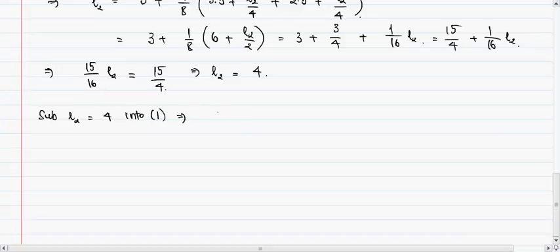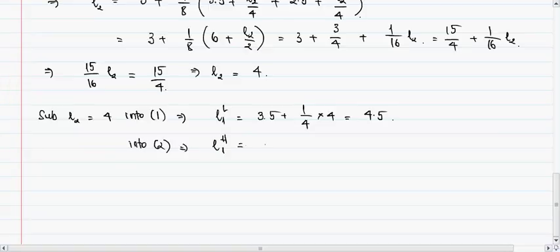I'll get L1 low equal to 3.5 plus 1 on 4 times 4, which is 1, so I get 4.5. And if I substitute that into the second equation, I'll get L1H equal to 2.5 plus 1 on 4 times 4, and that will just give me 3.5.